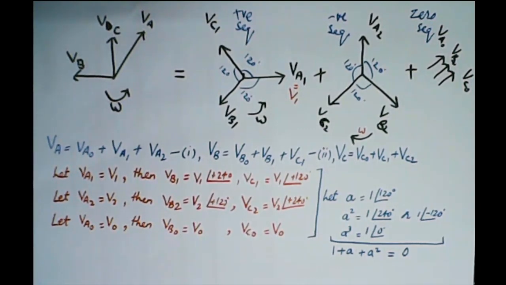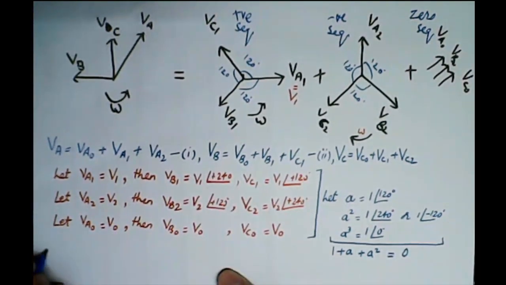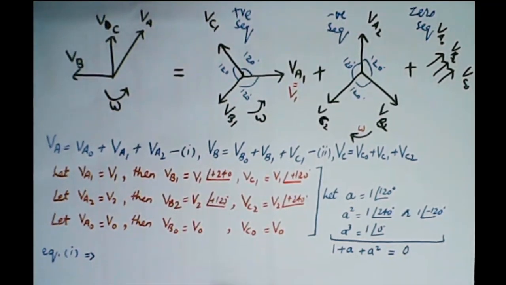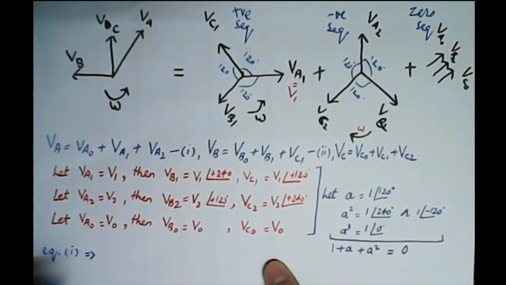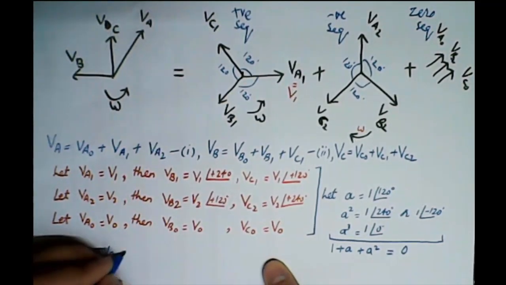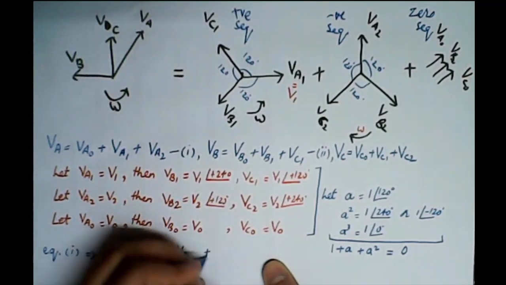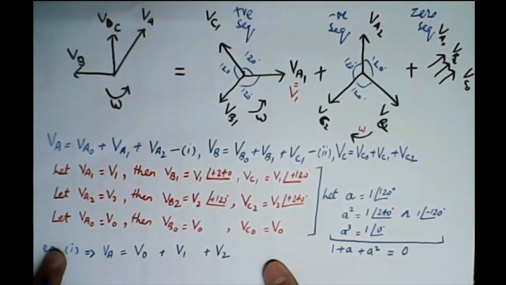So now we can rewrite equations 1, 2 and 3. VA is equal to V0 plus V1 plus V2.